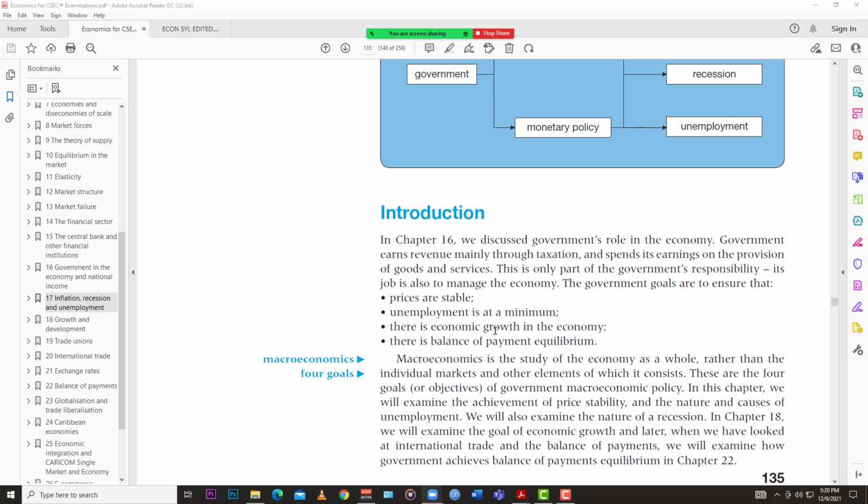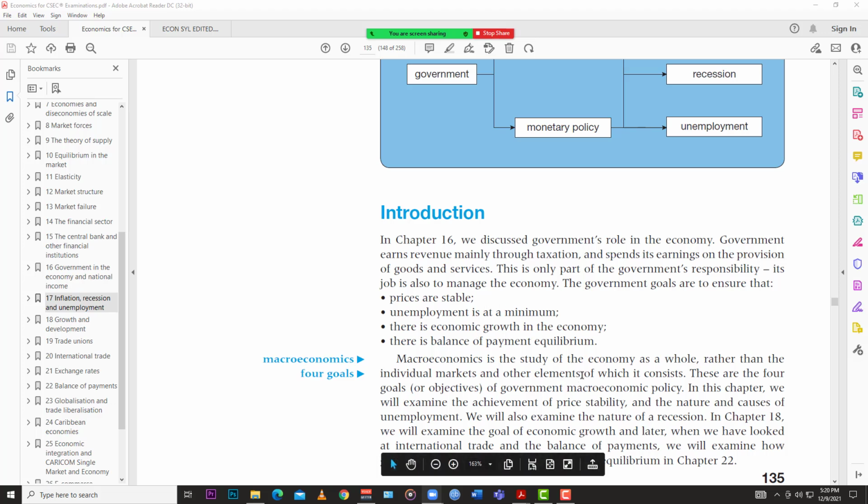And so these are things that we're going to look at, because when you look at price stability, that is where inflation comes into play. And when we're looking at economic growth and balance of payments and those things, that's where the recession comes into play, because the recession can wreak havoc on all of those macroeconomic goals.